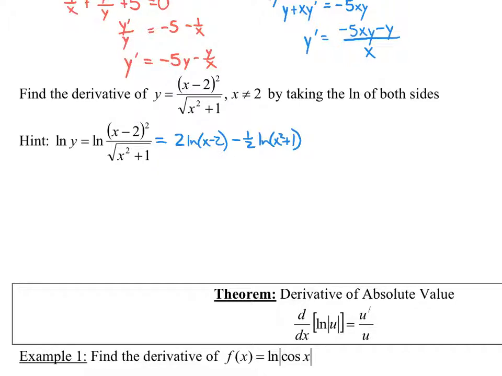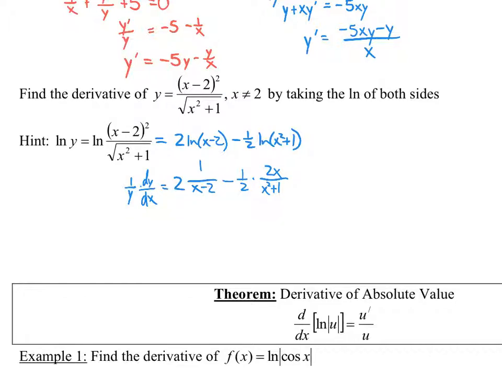I take the derivative of ln of y, and what's that? 1 over y dy dx, or 1 over y prime, okay? 1 over y dy dx. When I take the derivative of the right-hand side, notice it's just 2 times the derivative of x minus 2, which is 1 over x minus 2, minus a half times the derivative of x squared plus 1, which is 2x over x squared plus 1.